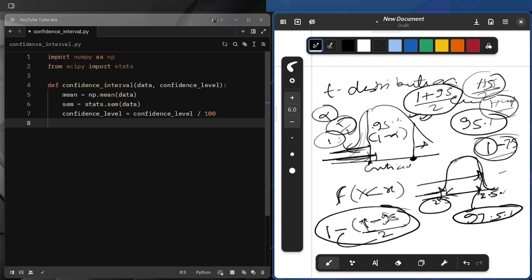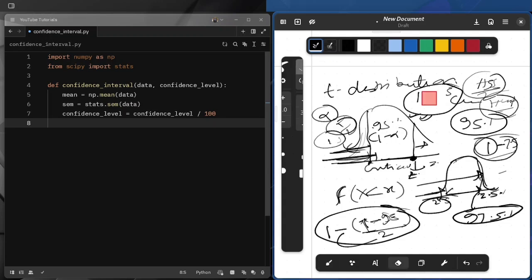And what we do, we find the z score, whatever distribution we have. If we have t distribution, we find t score. If we have normal distribution, we find z score. So we are finding this particular point so that we can calculate the range.